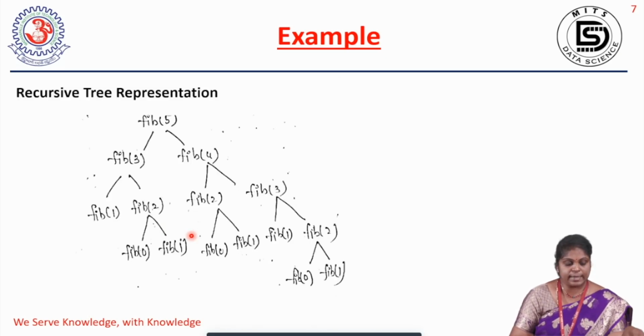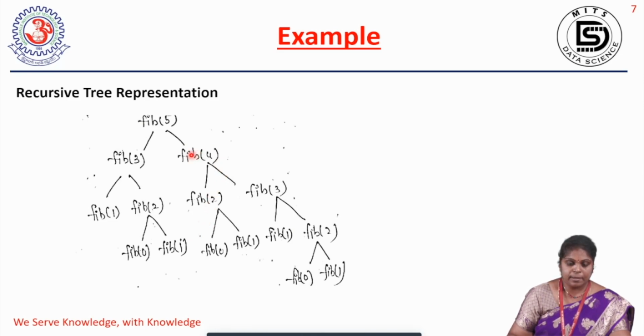If we construct the tree for this recursive Fibonacci series, this is the tree representation of the Fibonacci series. Here, Fibonacci 3, Fibonacci 4, Fibonacci 1, Fibonacci 2, all these are subproblems. Initially I discussed that a problem is divided into subproblems. In dynamic programming, there is a chance of getting overlapping subproblems. What are the overlapping subproblems here?